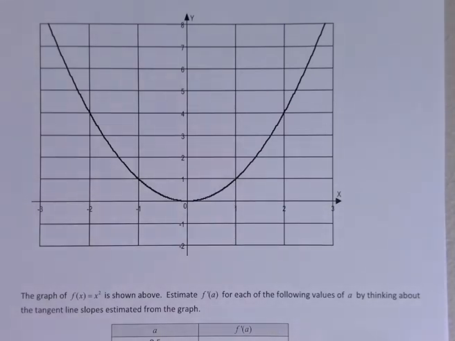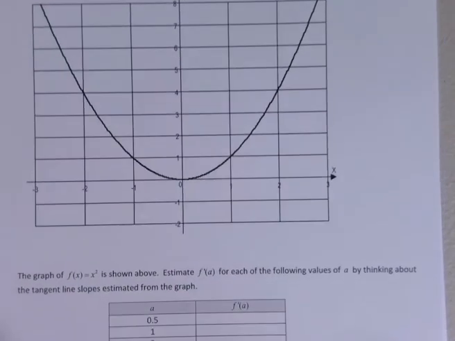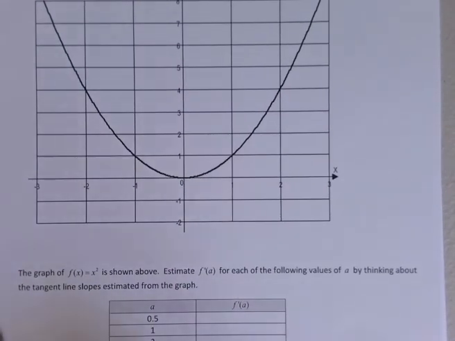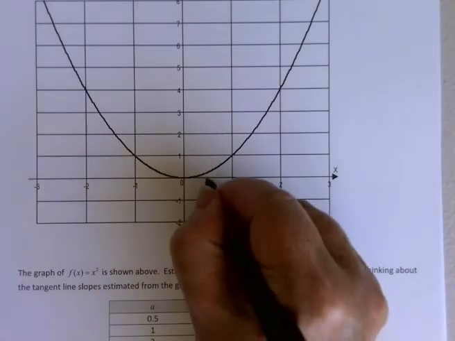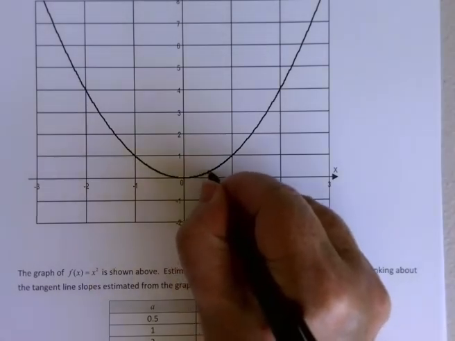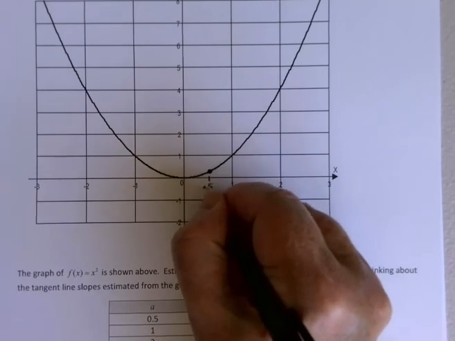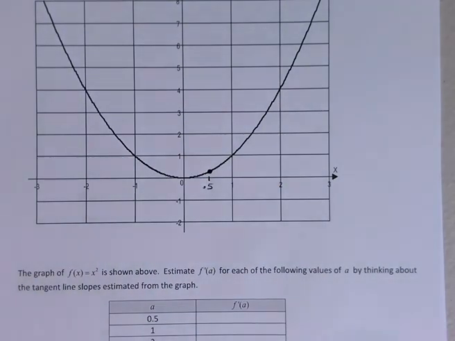Right. So let's see here. The first point that we're asked to look at is an a value of 0.5. So f prime of 0.5 is going to be the slope of the tangent line at 0.5. And I'm going to go over here to x equals about 0.5, and there's the point on the graph.